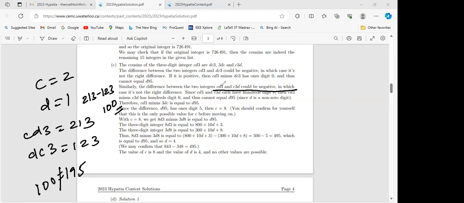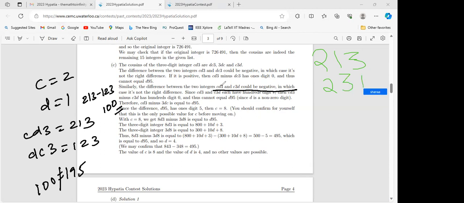So in this case we have 2, 1, 3, right? C is 2, D is 1. So 213 minus 231, which will be negative, right?